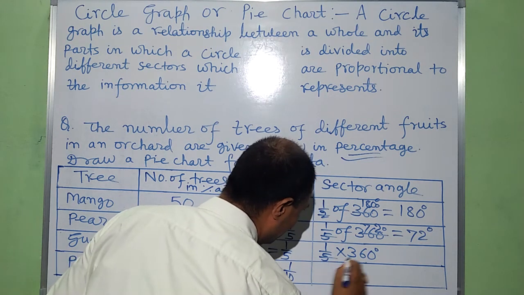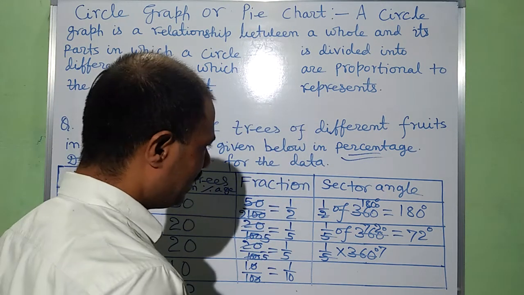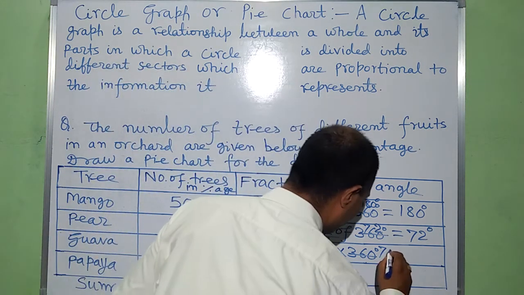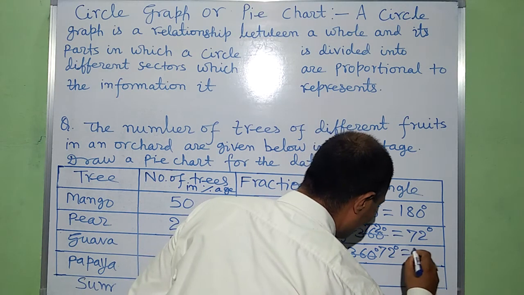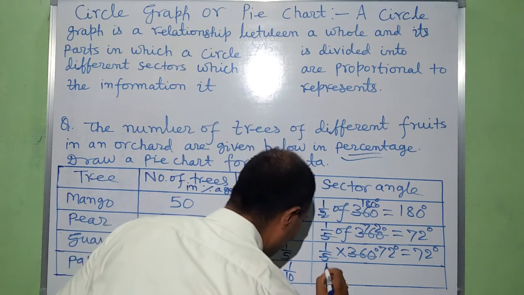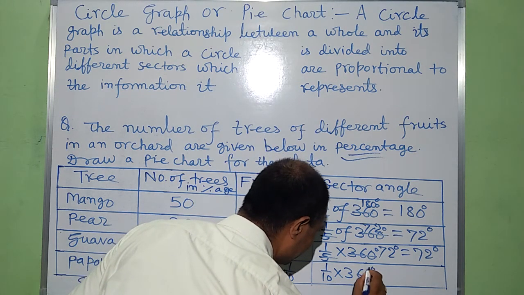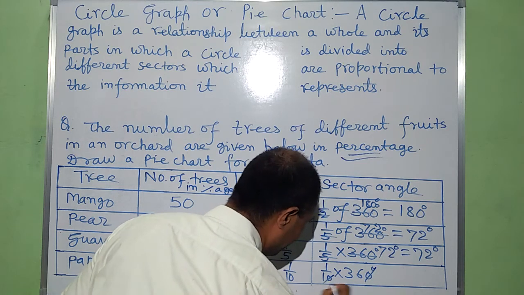We can solve it like this: 5 sevens are 35, 5 twos are 10, so 72 degrees. 1 by 10 into 360 degrees. This 0 will be cancelled.